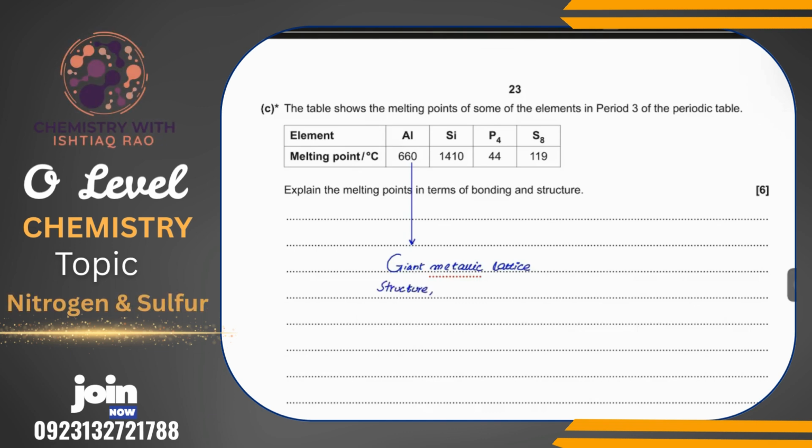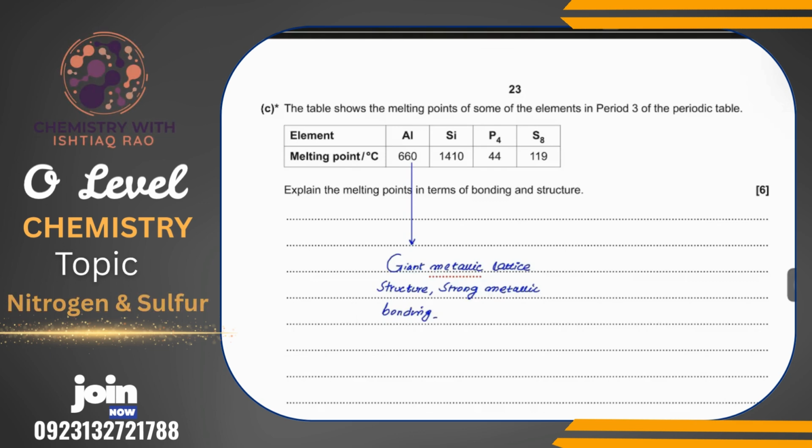And in this, there would be strong metallic bonding. And of course, metallic bonding is the electrostatic force of attraction between the cations and sea of delocalized electrons. So due to that, more energy would be required to melt or boil aluminium. That's why it's going to have higher melting and boiling point, of course.